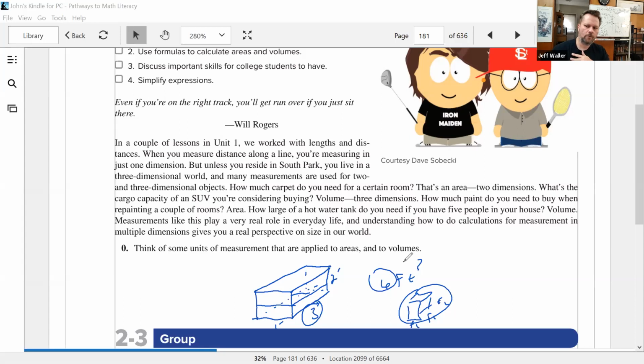So we get cubic feet just because of math. Foot times foot times foot is cubic foot, right? But it also makes sense visually. If I have little cubes, like little ice cubes, I could put 6 ice cubes in here and they would fit.